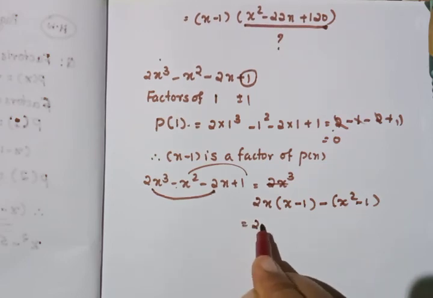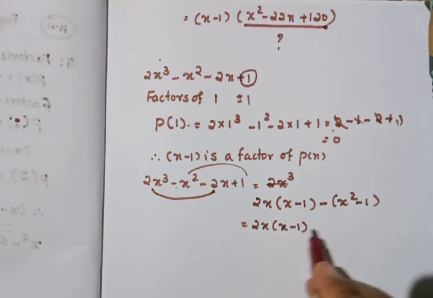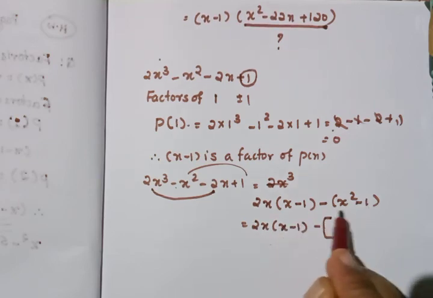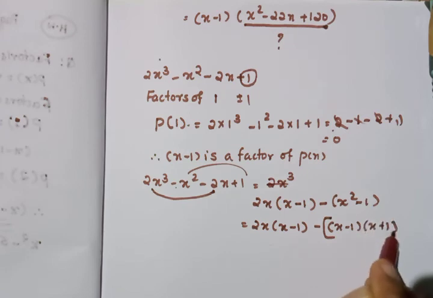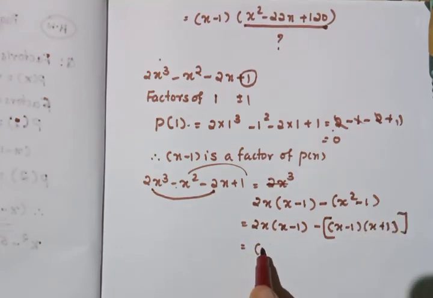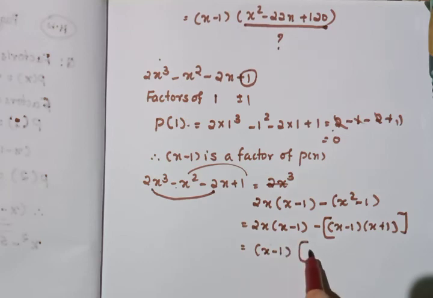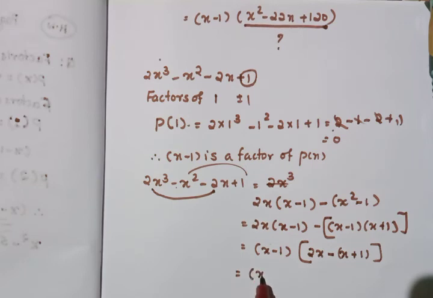Correct? It is in which form? A square minus b square. So x minus 1 into x plus 1. Are you getting? X minus 1 common. Take x minus 1 common. What is remaining? 2x minus x plus 1 in bracket. What is 2x minus x?